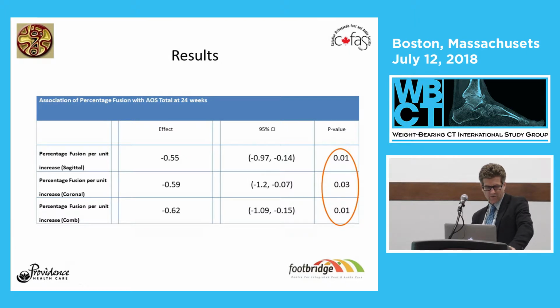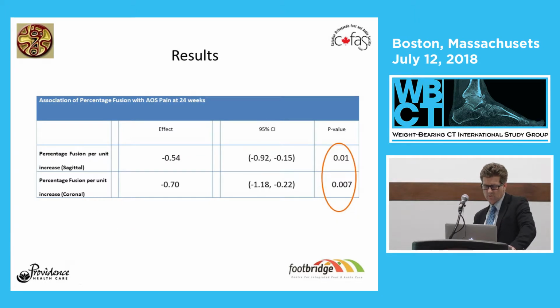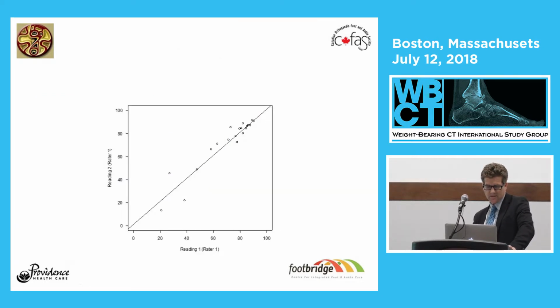So it didn't matter if it was on the coronal or sagittal view, there was significant relationship with outcome. Again, if we looked on both views, we got significant results on association with AOS pain at 24 weeks. So both the total AOS score and the AOS pain was even better correlated. This is the inter and intra-observer reliability. You can see a pretty tight graph.